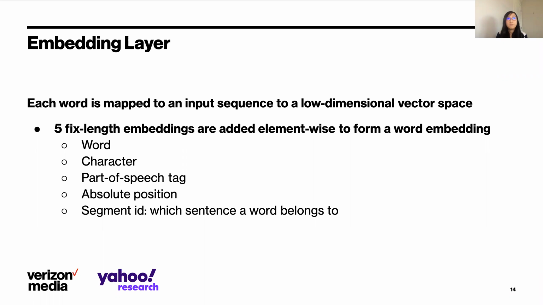And we have the 5th embedding, a segment embedding that indicates which sentence a word belongs to. You can consider this as a relative position for a word. Each of these embeddings has the same length, so we do an element-wise addition to form a word embedding, and this is fed into our transformer-based encoder.